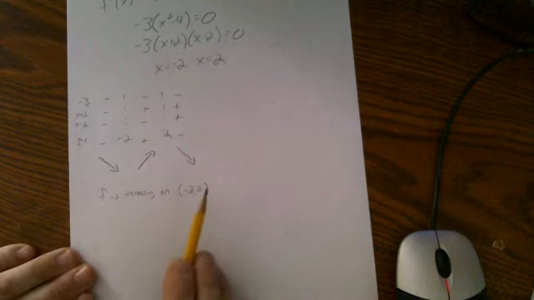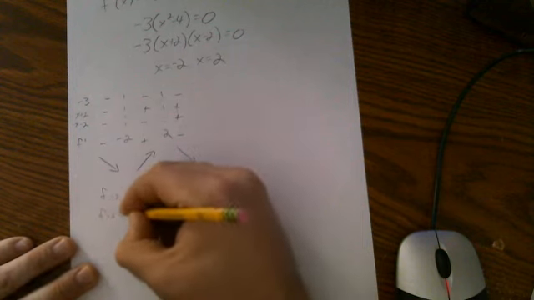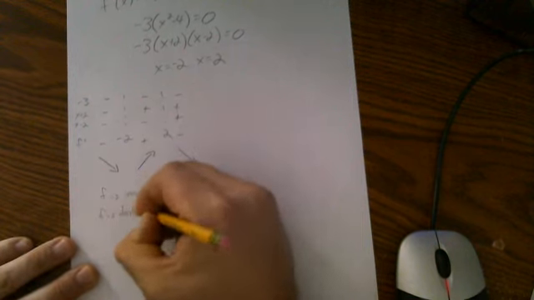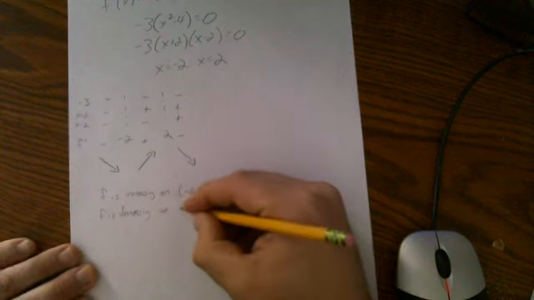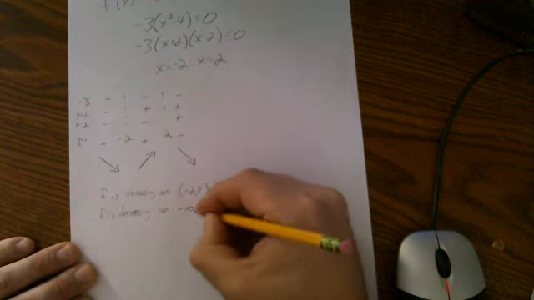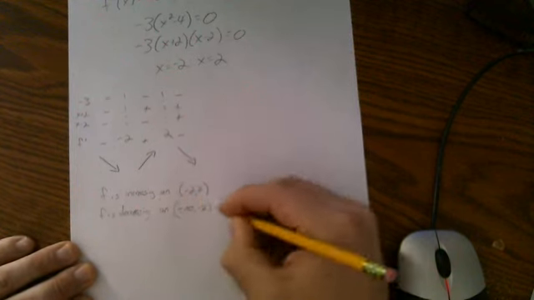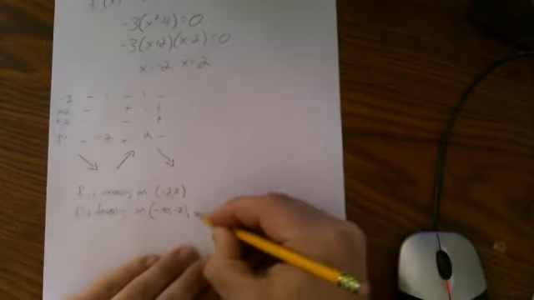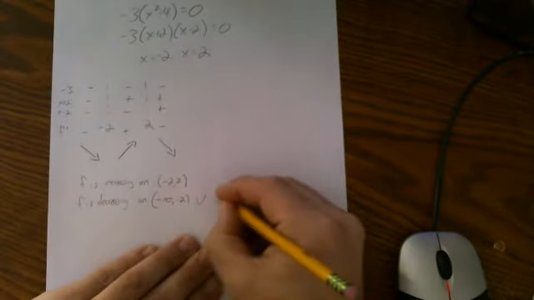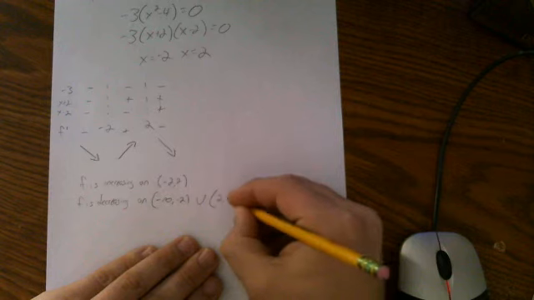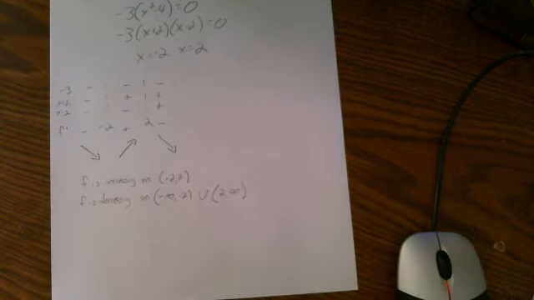I'm not including negative 2 or positive 2 because it's not increasing or decreasing there. F is decreasing on the interval negative infinity to negative 2 union 2 to infinity.